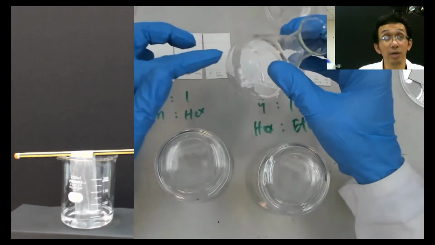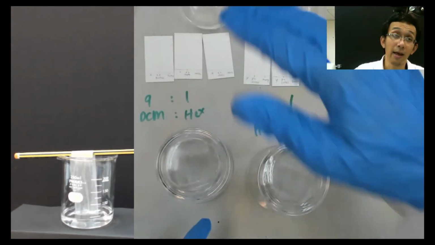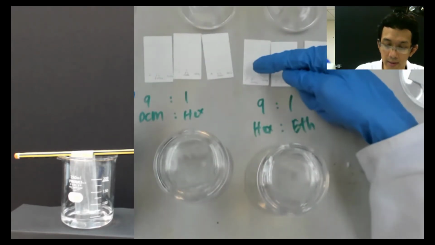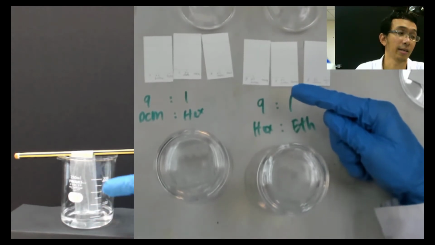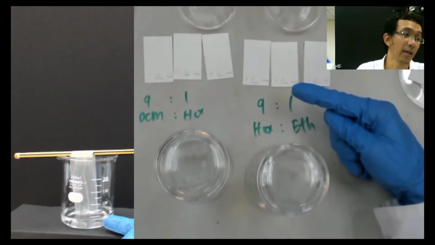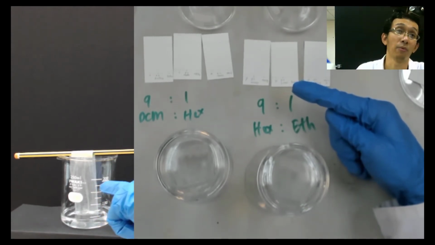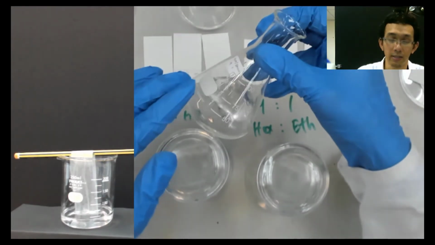But if I do 10 ml here, the level of my solvent will be above this line. You see on the side here, if your solvent level is higher, then you will dissolve the entire compound. You cannot separate. So that's the reason why we do this first.